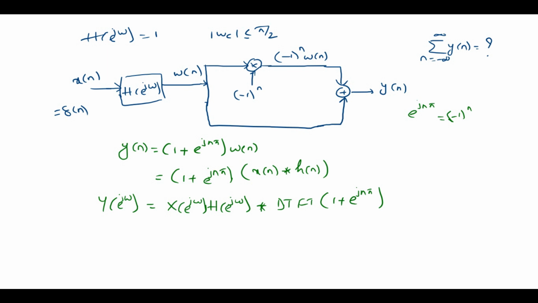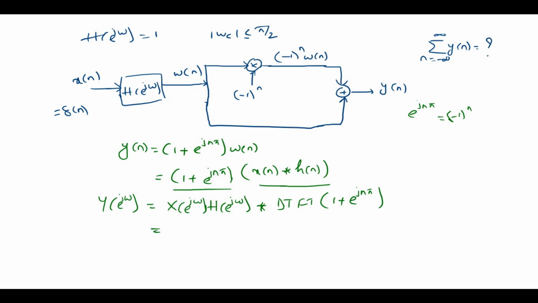The multiplication of two functions in the time domain is nothing but convolution in the frequency domain. So 1 plus e^{jnπ} has its discrete time Fourier transform, and the frequency domain equivalent of x[n] convolved with h[n] is simply the multiplication.